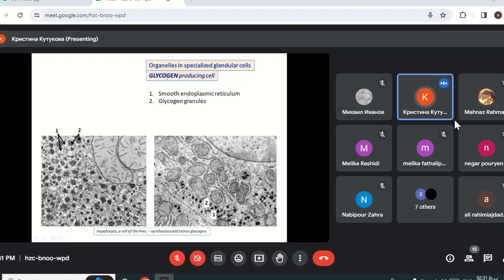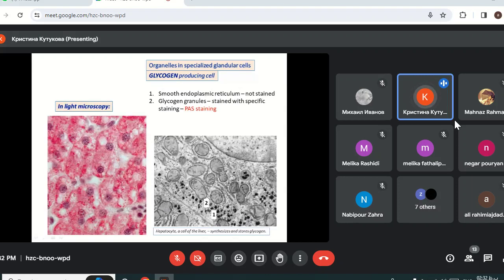And between them, not very well seen, but somehow they are seen, vesicles of different size and shapes, they are smooth endoplasmic reticulum. The same in this picture, mitochondria, and number 1 is for smooth endoplasmic reticulum, vesicles of different shape and size, and number 2 for glycogen granules, dark inclusions.